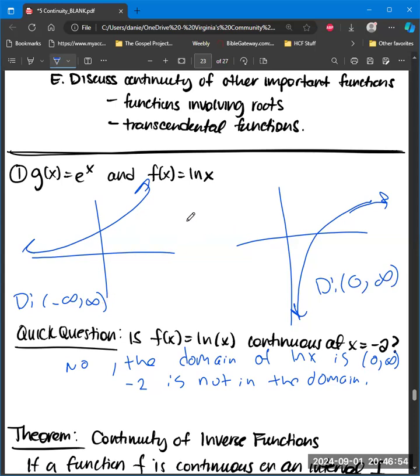Some will be rising to the right, some will be falling to the right, depending on whether the base is greater than 1 or between 0 and 1. Logs in general will look like this if they have bases that are greater than 1, and they may be falling to the right otherwise.